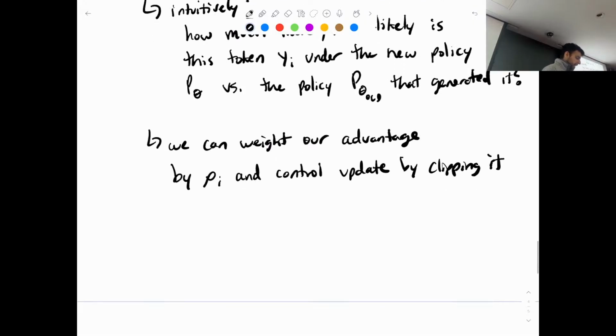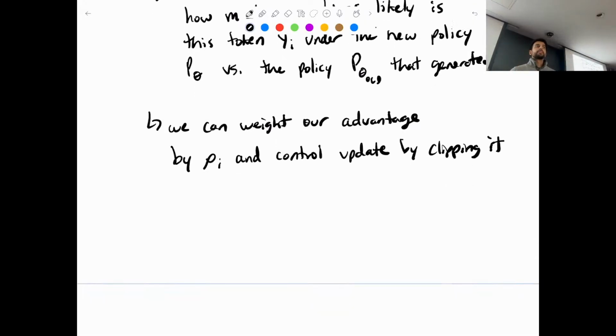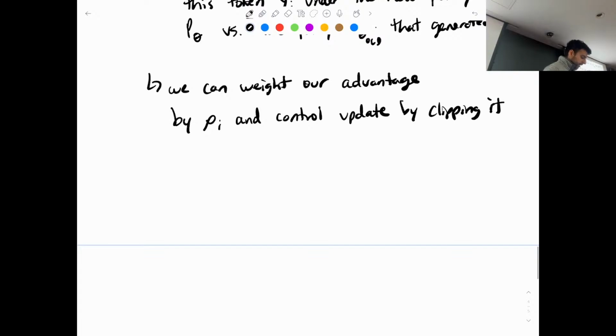And so we'll now define what we mean by weighting and clipping in the context of our advantage. First, just for simplifying our notation, I'm going to roll that KL penalty into our advantage equation.